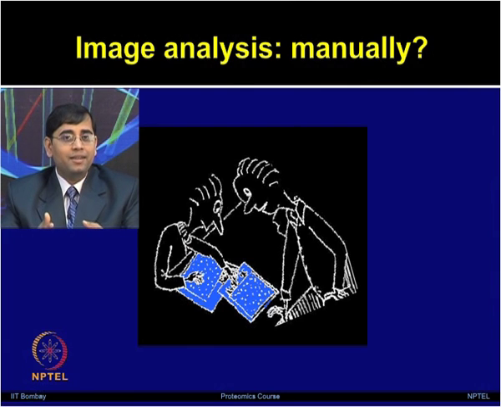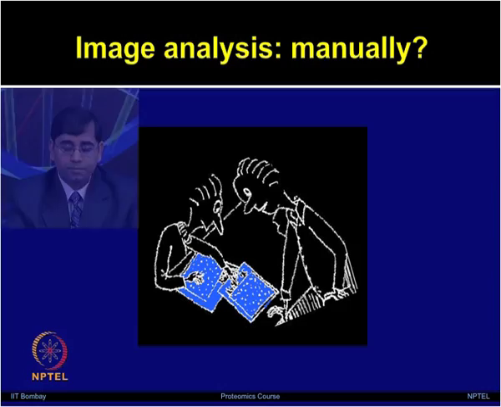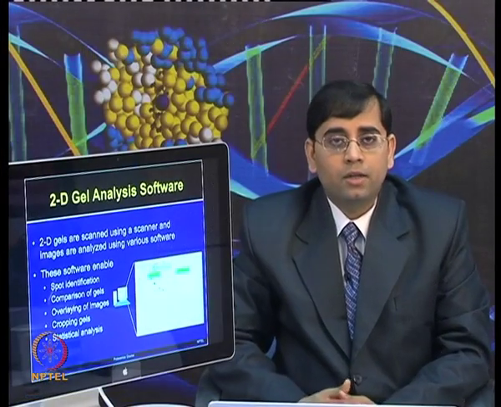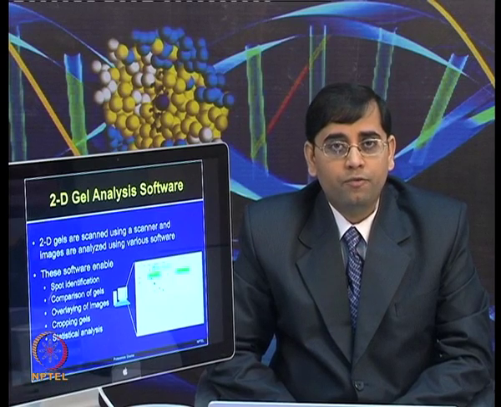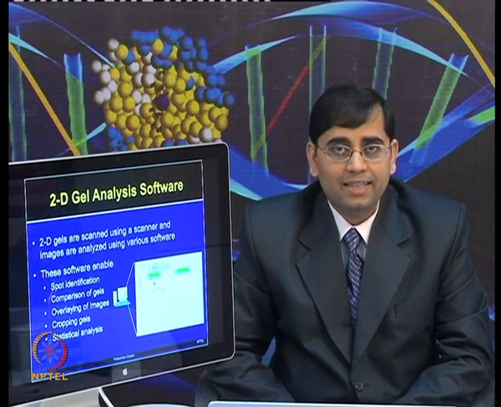So, you need to scan it by using good scanners, and then finally, you need to analyze your image with the different software which is available. There are many commercial software packages for doing two-dimensional gel analysis.